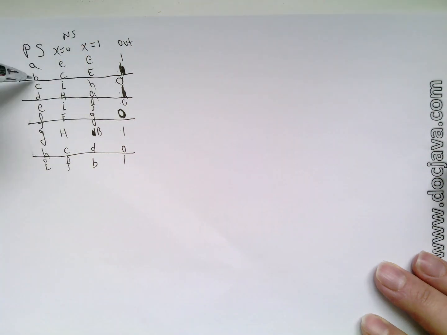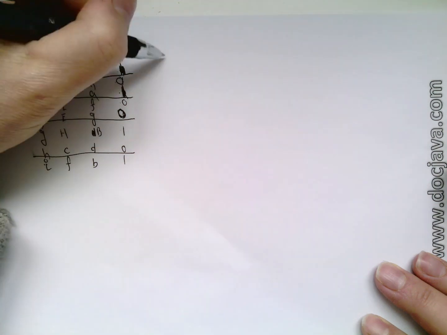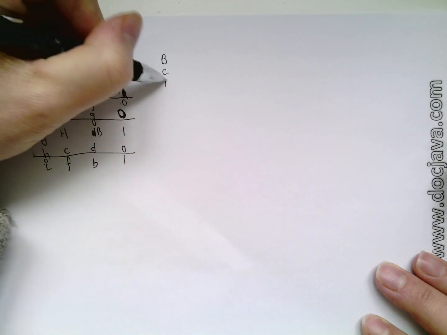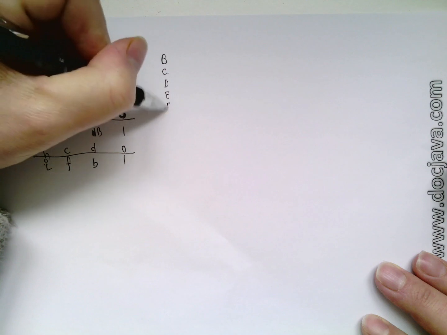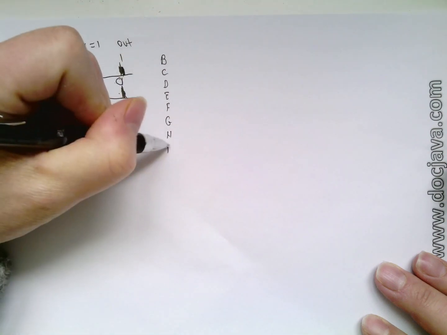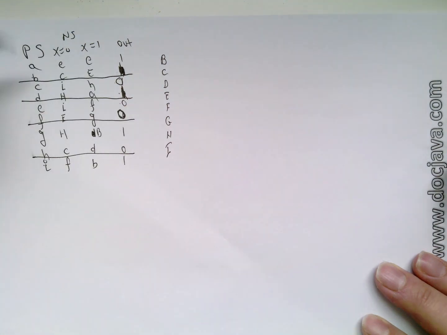So it says A through I. Start at B and go through I with my implication chart: B, C, D, E, F, G, H, and finally I. So I'm going from the second letter to the last letter. And then I start horizontally going from the first letter to the penultimate letter.